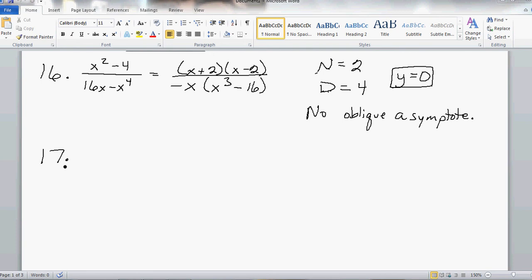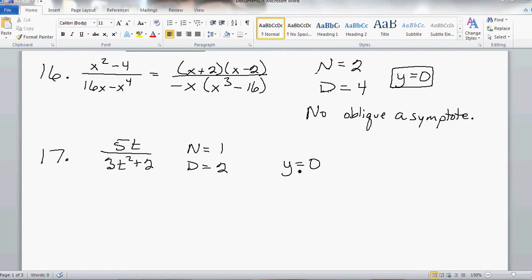Well, this is 5t over 3t squared plus 2. The degree of the numerator is 1, the degree of the denominator is 2, and since the degree of the numerator is less than the degree of the denominator, the asymptote is y equals 0.